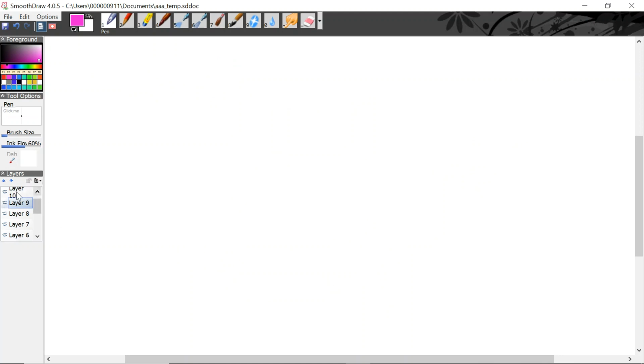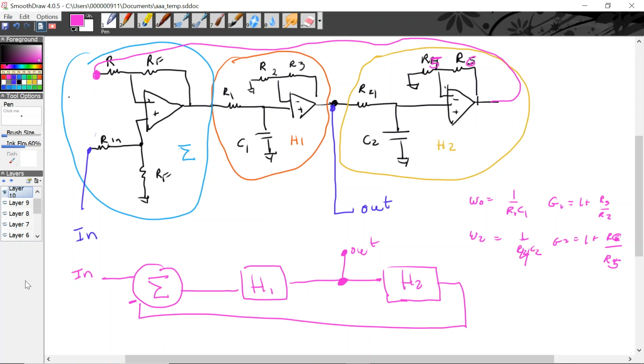I like to start with the summer. So here's the summer. My input comes in on the positive side. And with an advanced summer, I'm going to have to balance that if things aren't quite right. Then it goes into H1, which is this low pass filter.